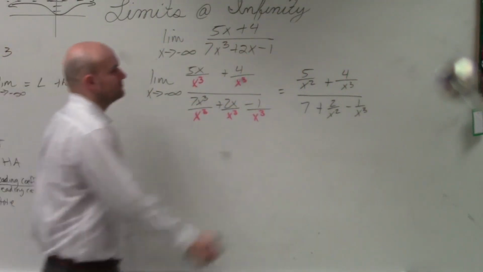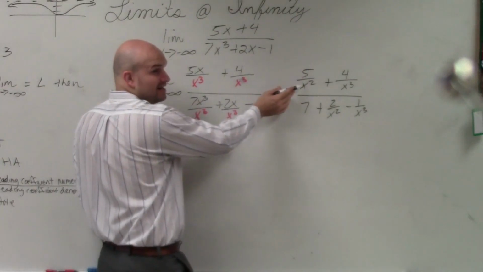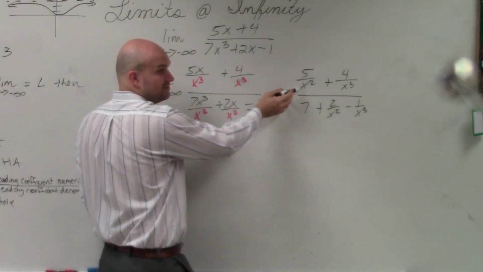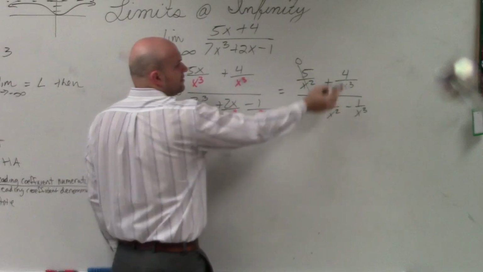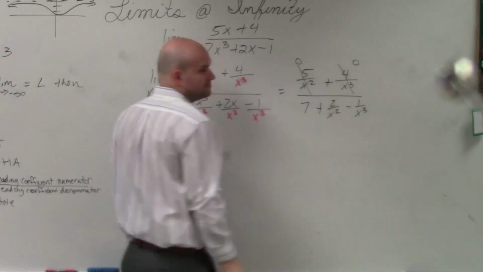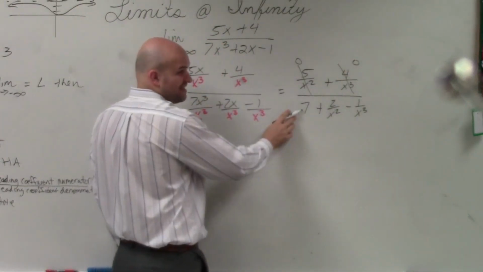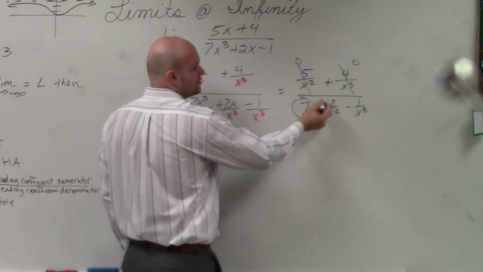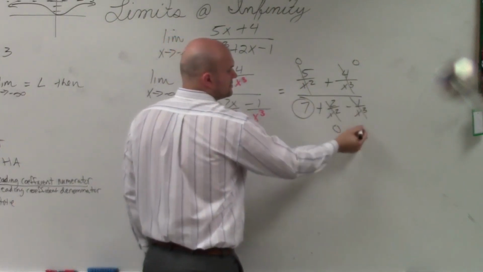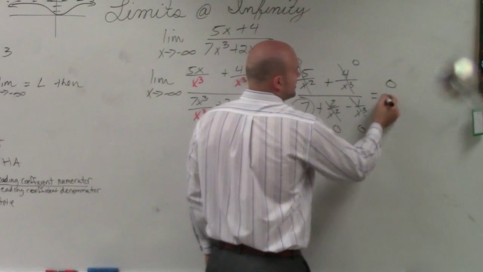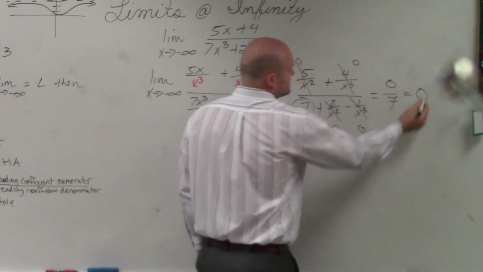OK? Now, any constant divided by a variable raised to a power goes to 0. That goes to 7, so that remains 0 over 7, which equals 0.